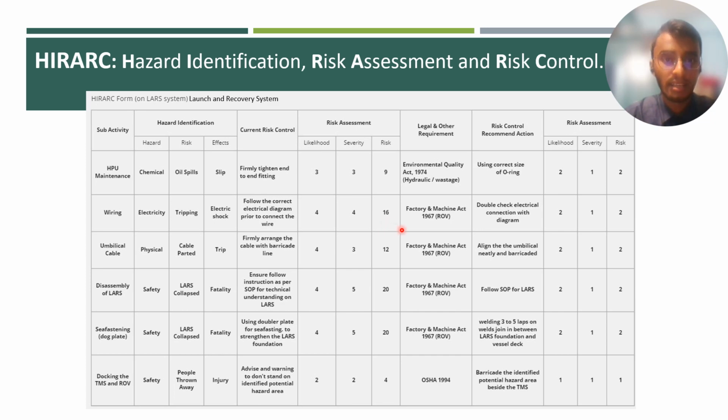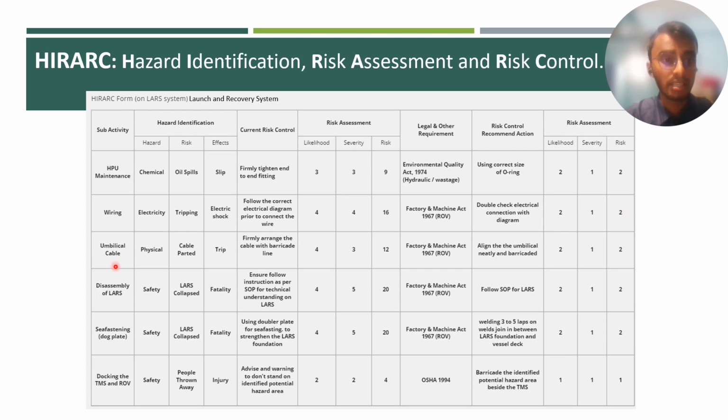And legal and other requirement for it is Factory and Machinery Act 1967 ROV, and the recommended risk control action is to double check the electrical connection with the diagram, and the risk assessment after the action taken is likelihood 2 and severity 1 and the risk calculated is 2.